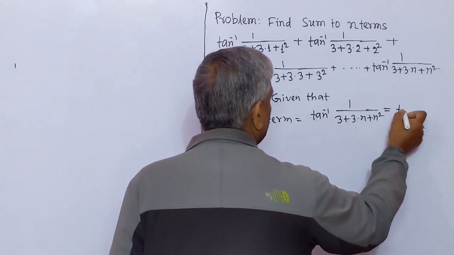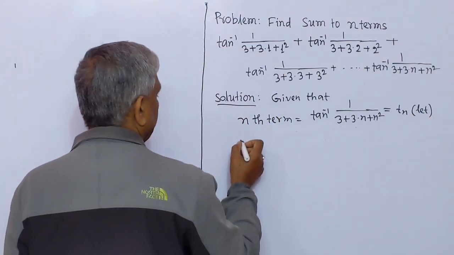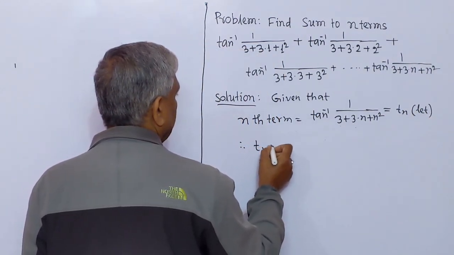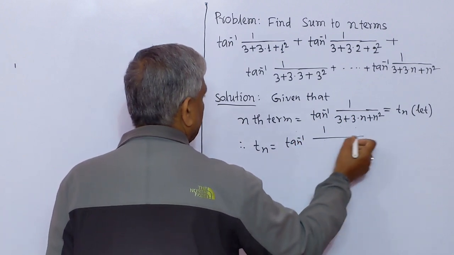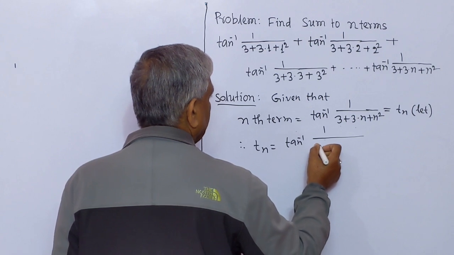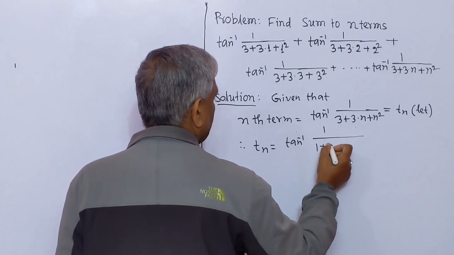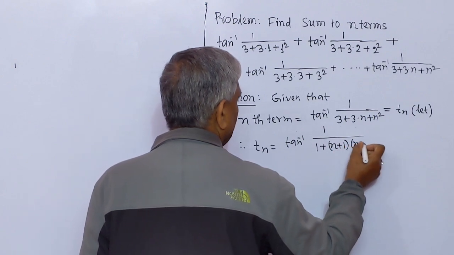This is equal to Tn. Therefore Tn equal to tan inverse 1 by, here we see that this may be written as 1 plus (n plus 1) multiply (n plus 2).